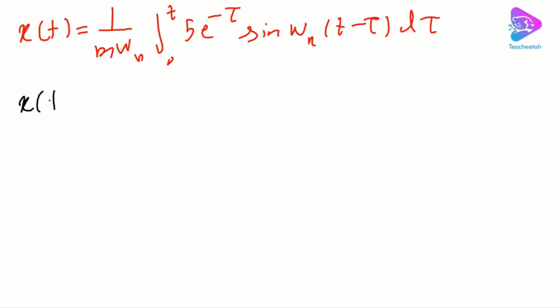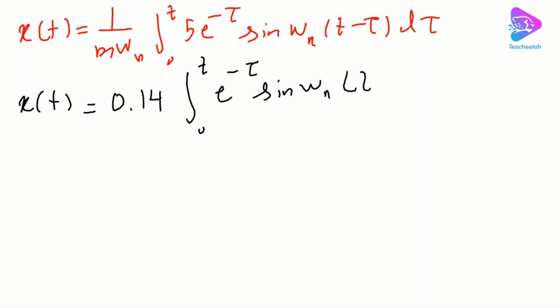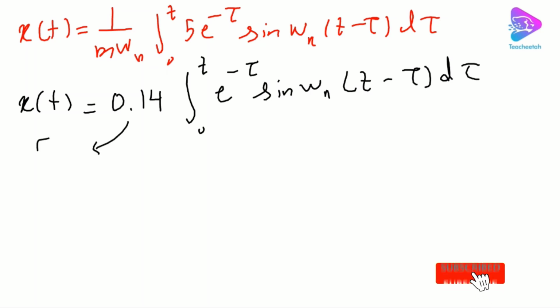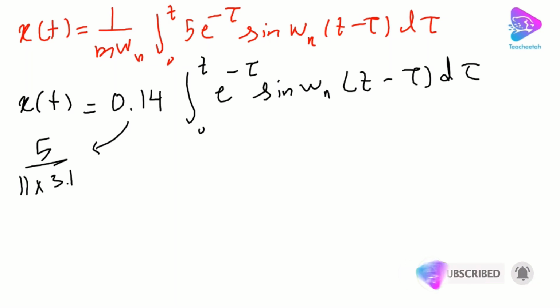So x(t) would be equal to 0.14 times the integral from 0 to t of e^(-tau) sine omega n (t minus tau) d tau. So remember, this 0.14 is basically 5 over 11 times 3.198, just in case you don't know how we calculate that, right?